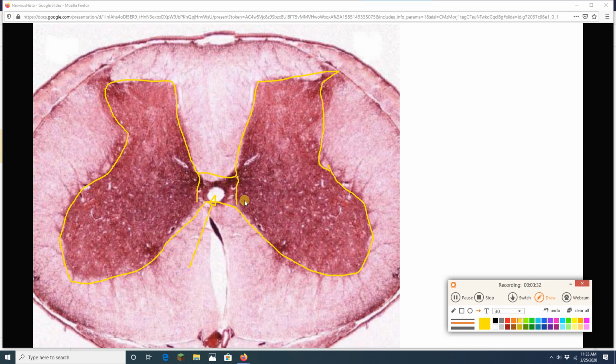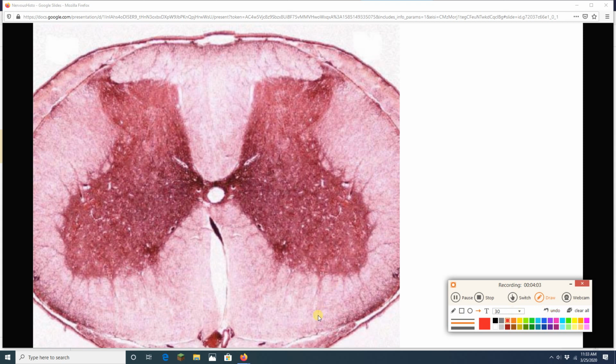The central canal will hold cerebrospinal fluid. Alright, around my gray matter, I am going to have lots of white matter. So all this lighter colored stuff right here is white matter. Notice I do see my anterior median fissure separating my white matter in the front.